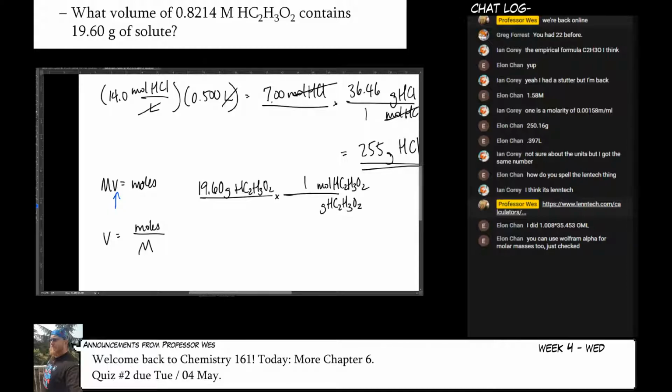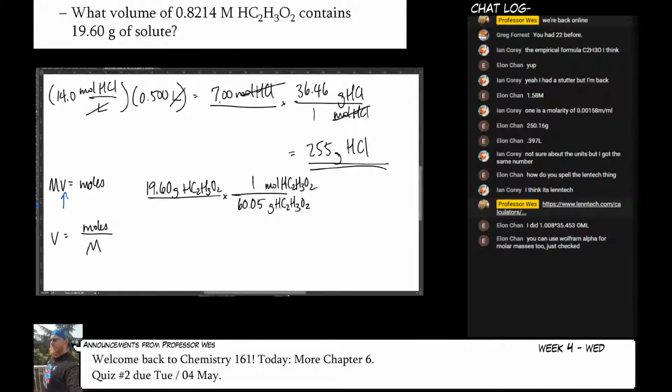I don't know what the molar mass is off the top of my head. That's my search engine. This is 60.06, 60.05. Probably won't matter that much, but that's okay.